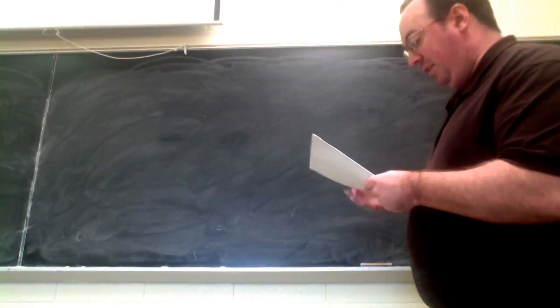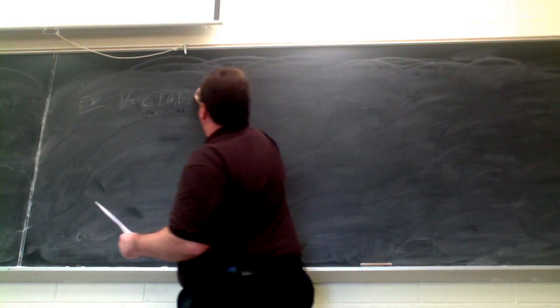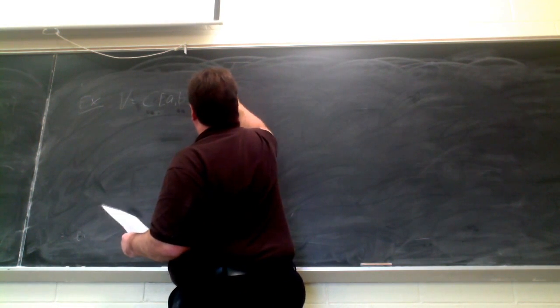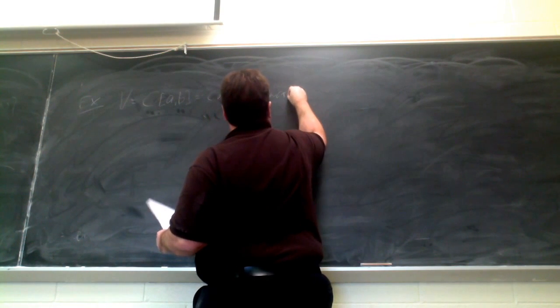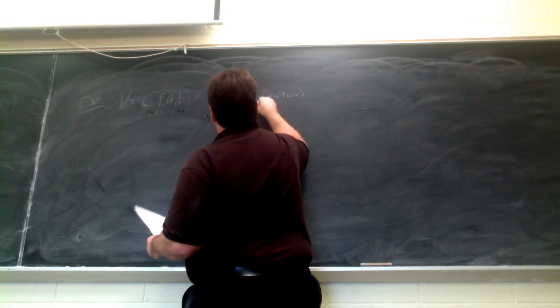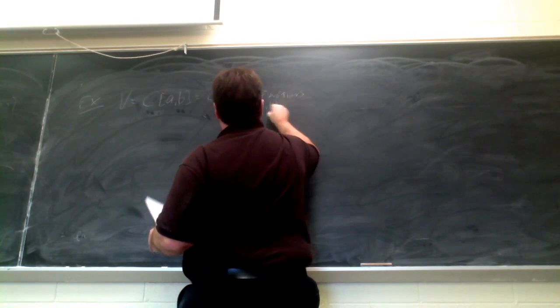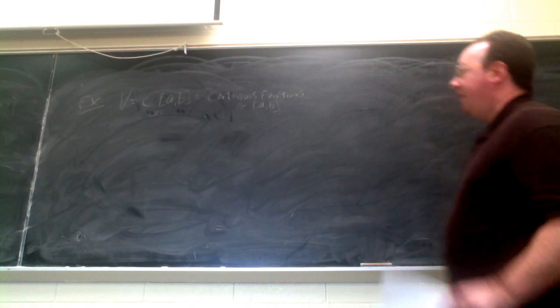But we are interested in function spaces. So examples of interest to us in this chapter: my vector space is denoted C of interval AB, and that is the space of all continuous functions on AB. So that defines a vector space.